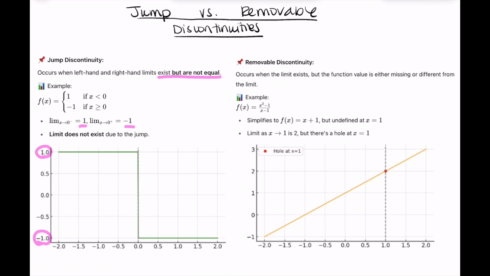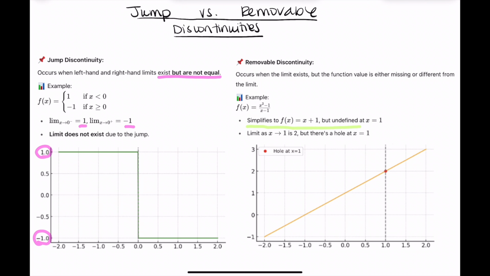Now let's compare this to a removable discontinuity. A removable discontinuity occurs when the limit exists, but the function value is either missing or different from the limit. If our function here is x squared minus 1 divided by x minus 1, when we factor the top, the x minus 1 on the denominator cancels out, and our function simplifies to f of x equals x plus 1.